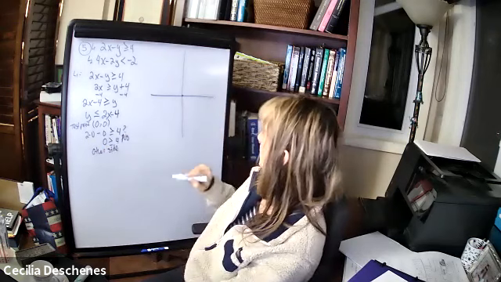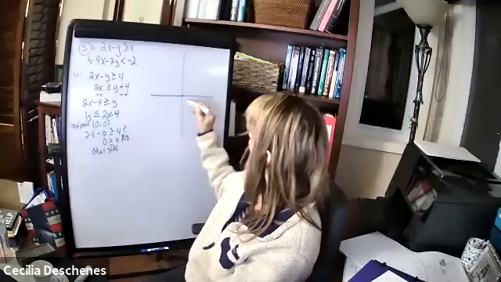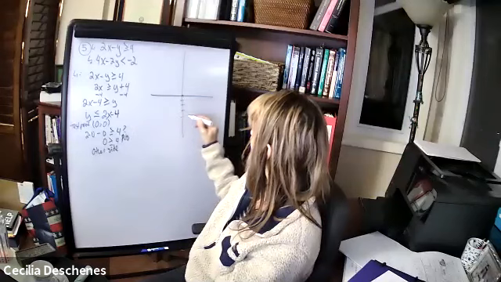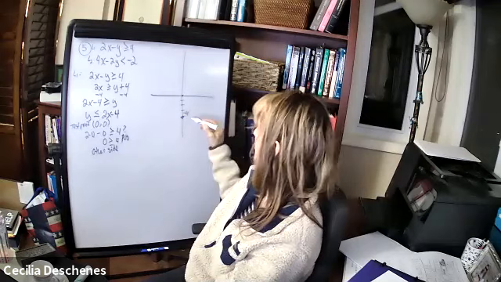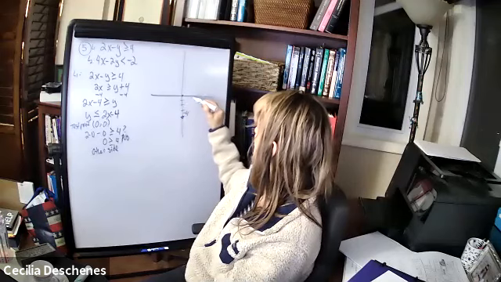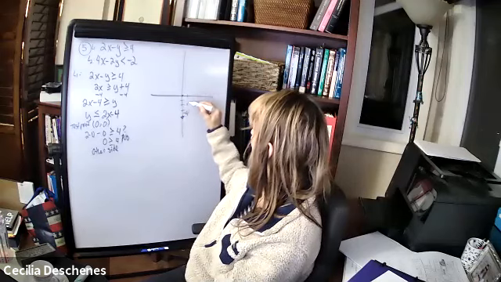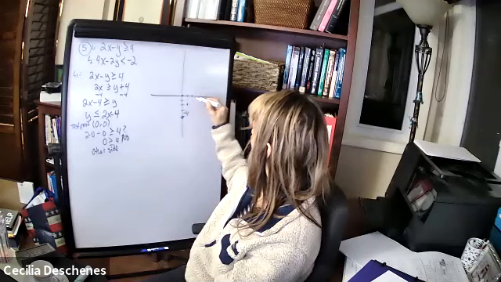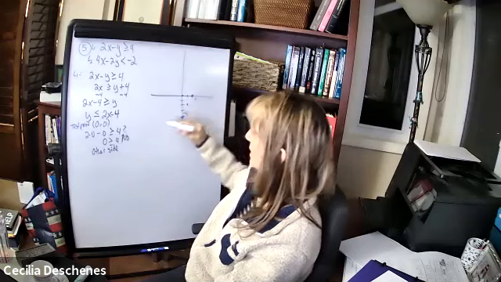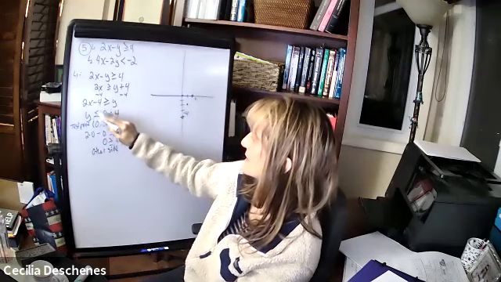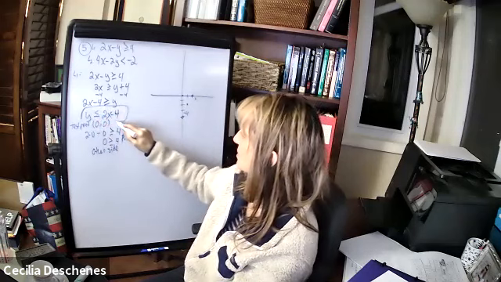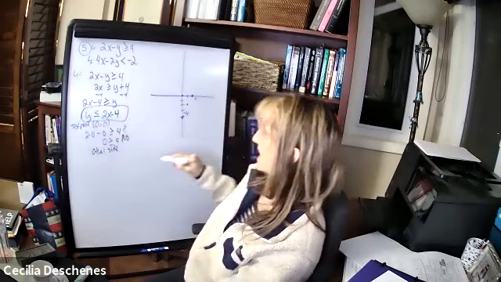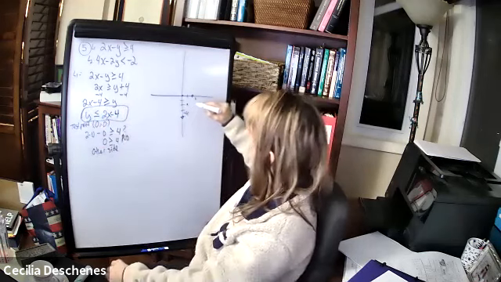Okay, so let's go ahead and plot this. We have -4 as our y-intercept, and we have a slope of 2. So we're going to go up 2 and over 1, and up 2 and over 1. And because this is less than or equal to, I'm focusing on this right here, I'm going to do a solid line.